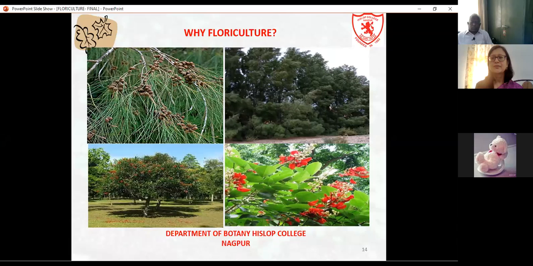It helps to combat global warming. They have a capacity to absorb carbon emission, so they help in combating the heat. They help in filtering of pollutants from the rainwater. They prevent runoff. I hope you know what is runoff. Runoff means these days the rains come in the form of a deluge.